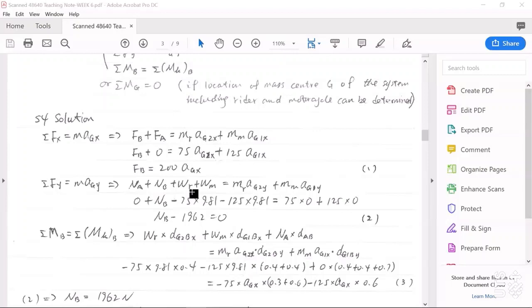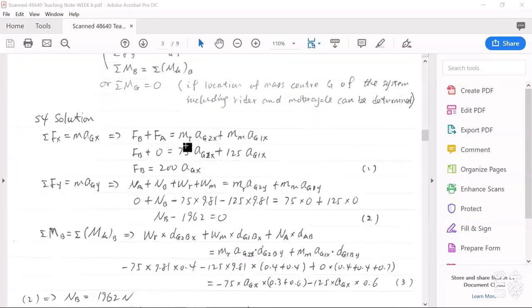Next, the solution. Along the x direction, we have two external forces, Fb, Fa. We assume Fb positive, Fa we know should be 0.